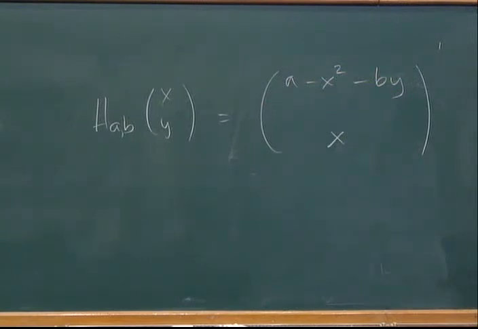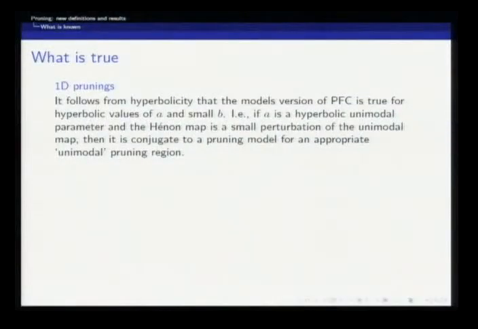The unimodal map, you know what it is, and then you can prove the pruning front conjecture for these maps. Okay? So for those maps, in fact, you can prove the strongest possible version. Okay, so there's a model. You know exactly what the pruning region is for that, and you can describe everything explicitly.